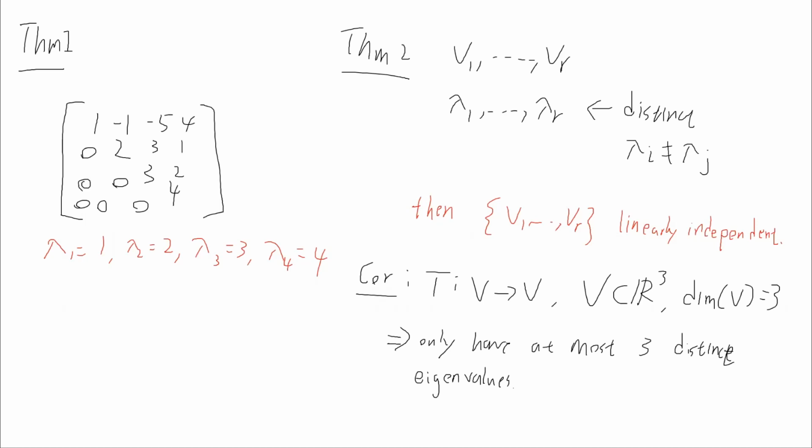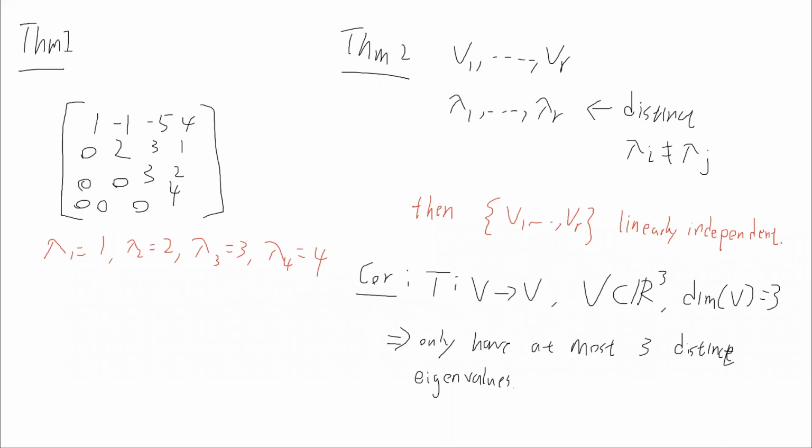So these eigenvectors V1 to Vm are the eigenvectors to the eigenvalues lambda 1 to lambda m. And from our last theorem, we know that the collection V1 to Vm is linearly independent. That means none of them can be written as a linear combination of the others. Then that brings you to different distinct eigenvalues.